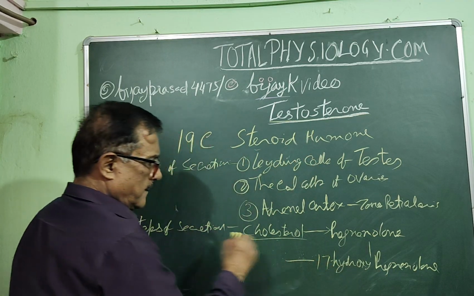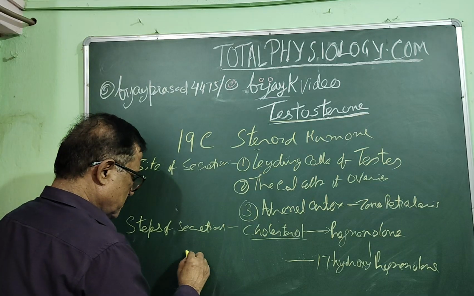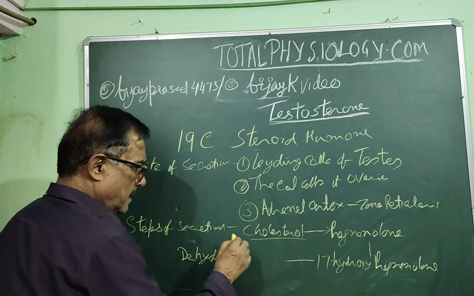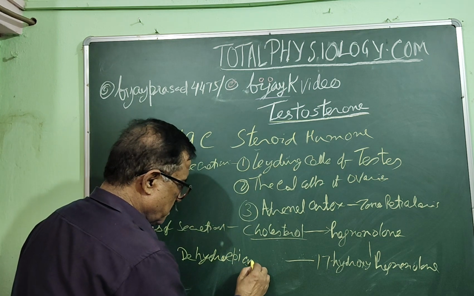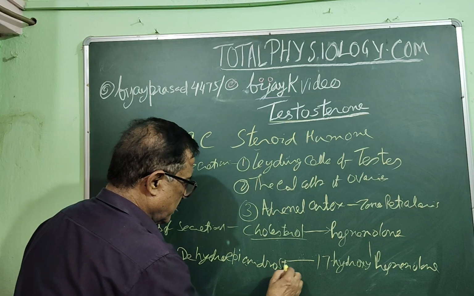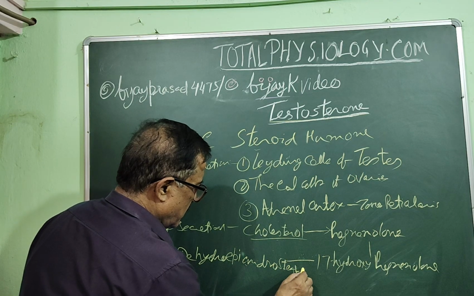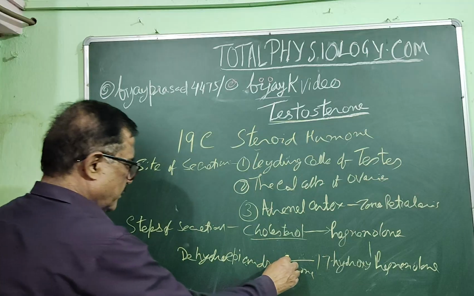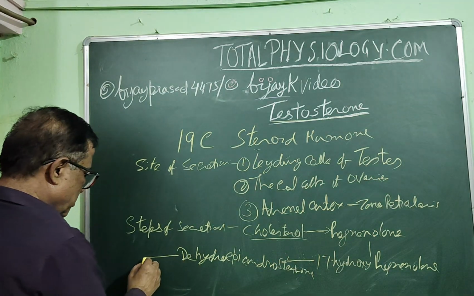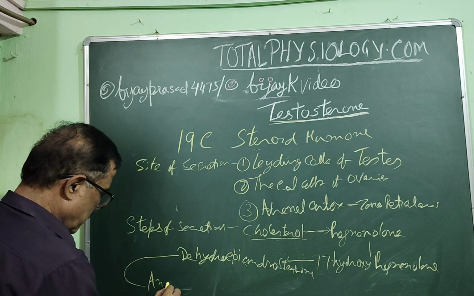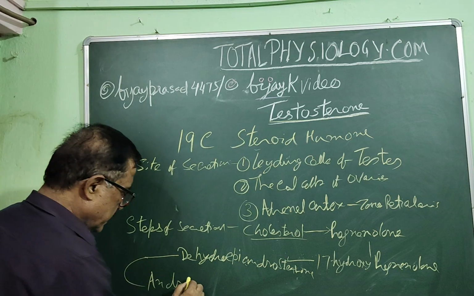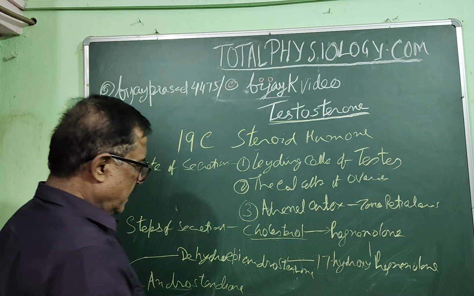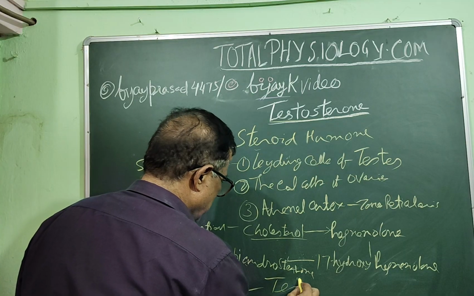After that, dehydroepiandrosterone is formed, and from this androstenedione is formed, and finally testosterone is formed.